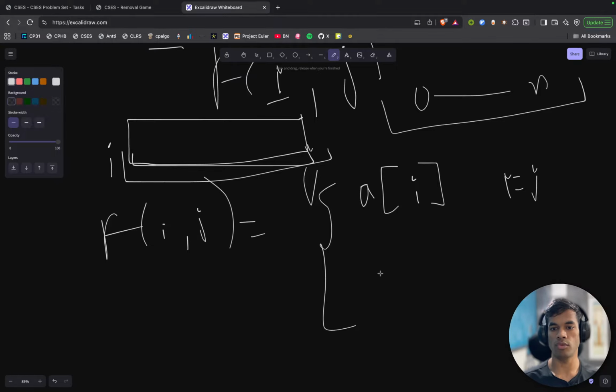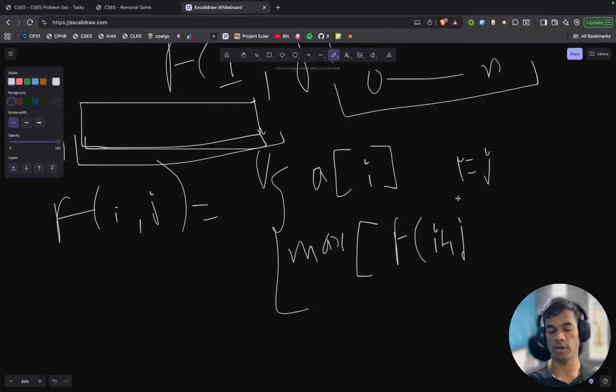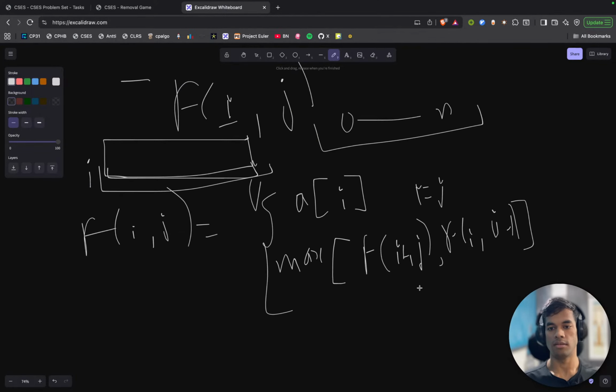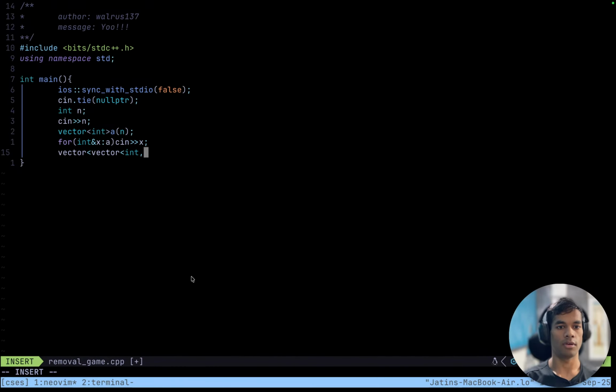That is the best thing you could choose. Otherwise, the maximum of f(i+1, j) if you choose the left element, or f(i, j-1) if you choose the right element. That is just it. And also, if you did choose the left element, then you add a[i] to your answer, and if you choose the right element, then you add a[j] to your answer.